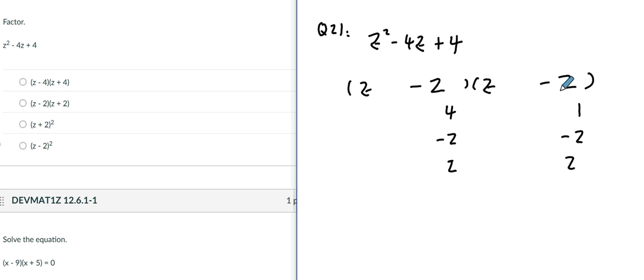Because when you do the FOIL method, the inner product -2z and outer product -2z add up together to -4z. But with 2z, 2z positive, you end up with 4z positive. So this would be our choice.